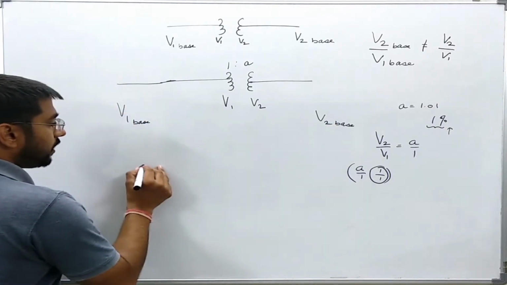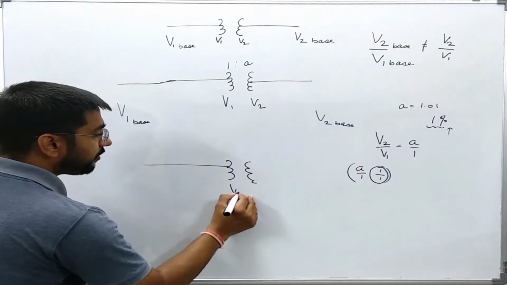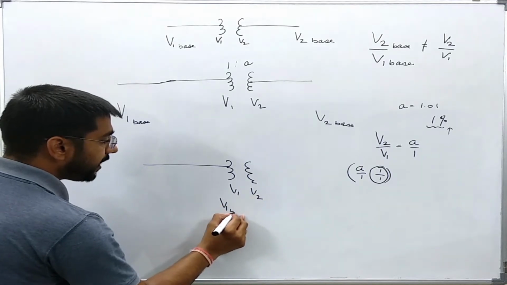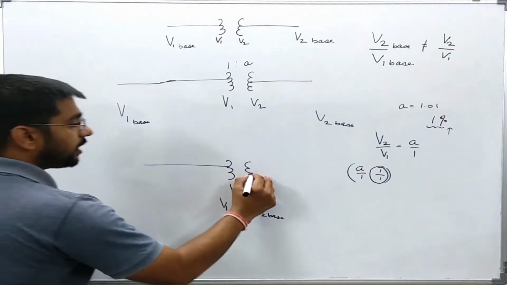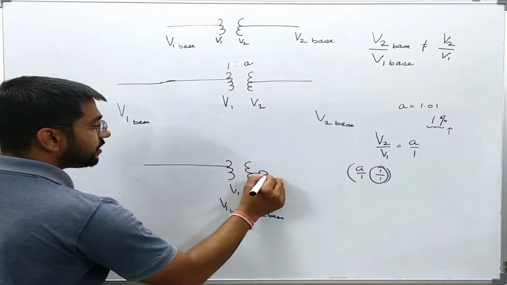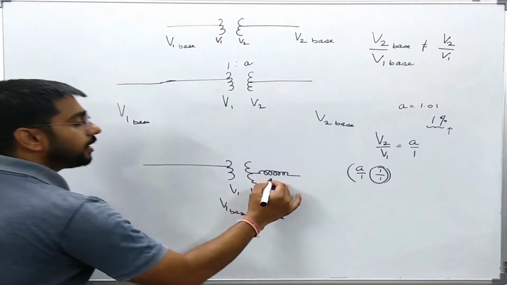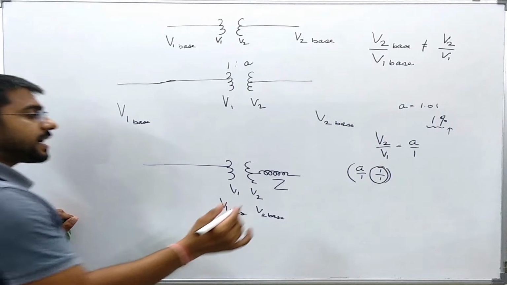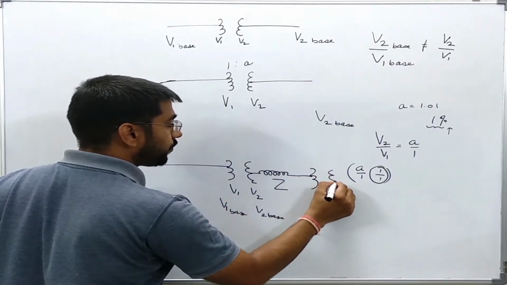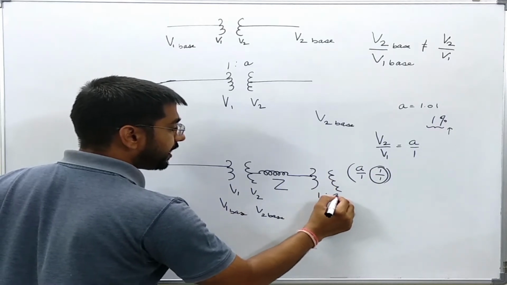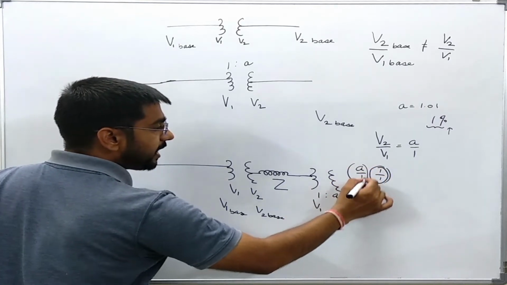That is, one transformer having V1, V2 the same as V1 base, V2 base, with the leakage impedance equal to the given transformer's leakage impedance Z, and the second transformer with 1:A ratio with V1, V2 as simply given by this equation.